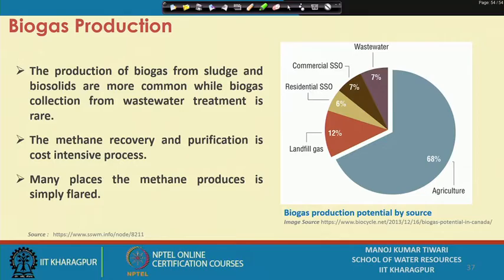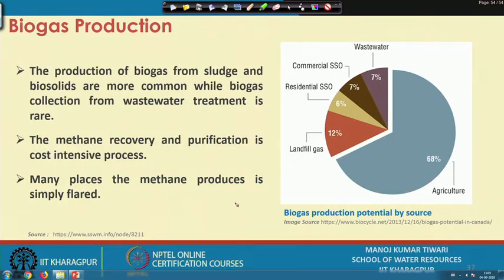They are subjected to anaerobic decomposition, and then biogas is collected and processed that way. But methane recovery and purification from wastewater treatment, when we are exactly treating wastewater, not the sludge of wastewater, is really rare.